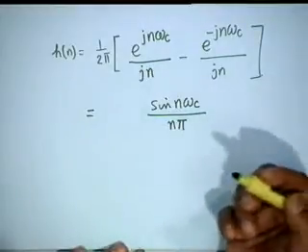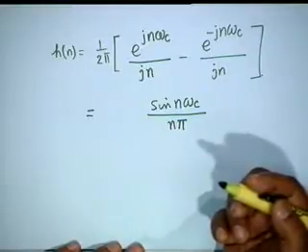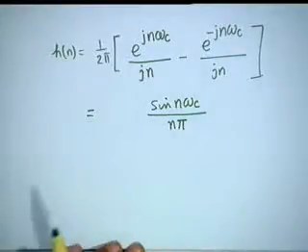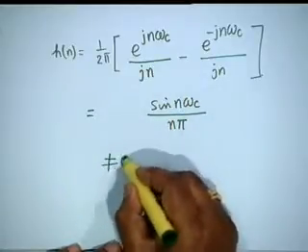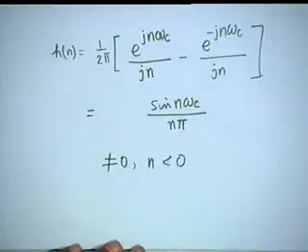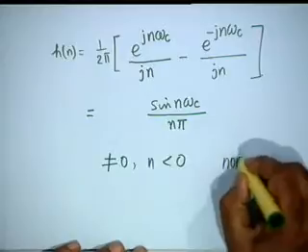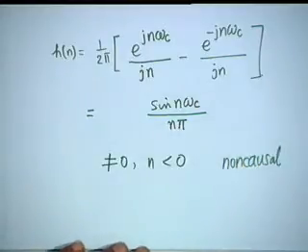And obviously when n equal to 0 this blows up, is it? No, at n equal to 0 it's 0 by 0 form, so it's omega c by pi, okay. But this h of n obviously is not equal to 0 for n less than 0, it exists for n less than 0, and therefore the system is non-causal and therefore not realizable. It is not realizable.